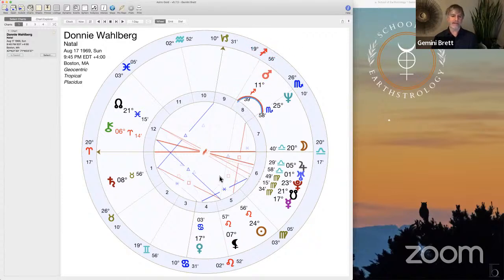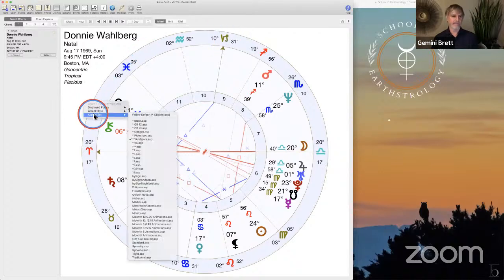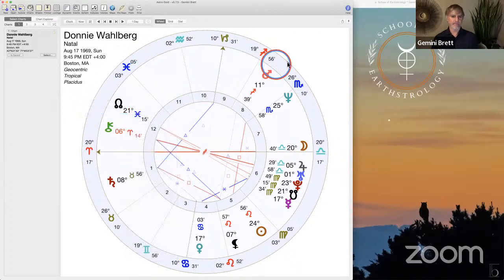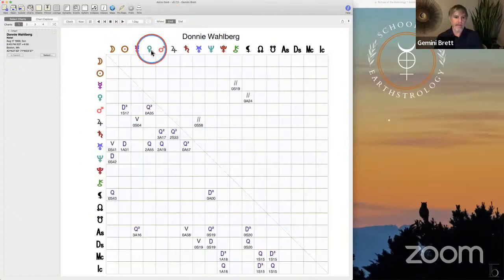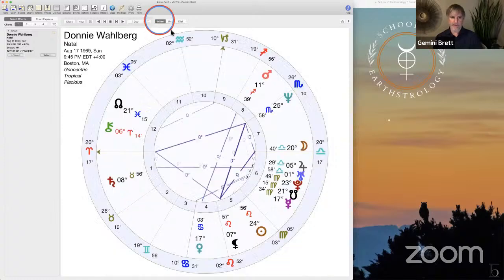I mean, this is just a biquintile. 150 minus 6 is 144 degrees. That's 2/5 of a circle. So Venus and Mars are within 35 arc minutes of biquintile. So that means if I go fifth harmonic for Donnie Wahlberg, we are going to see Venus and Mars connected.